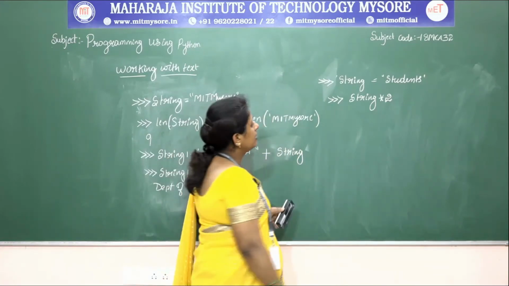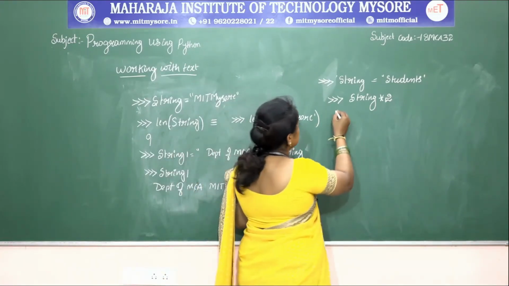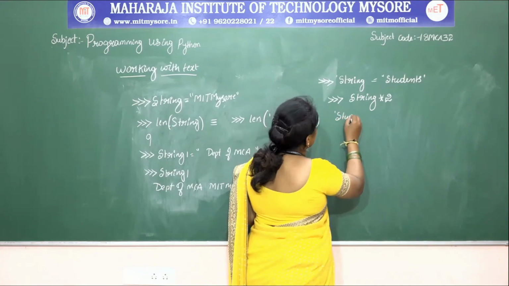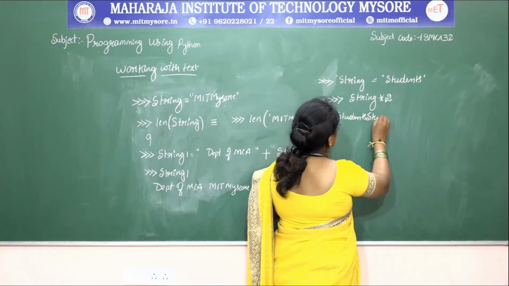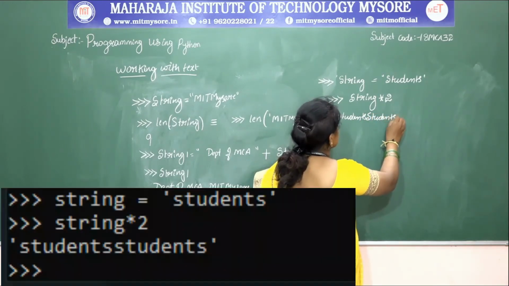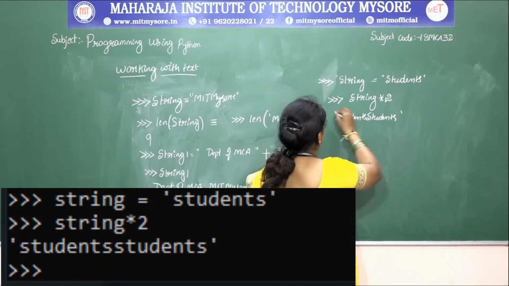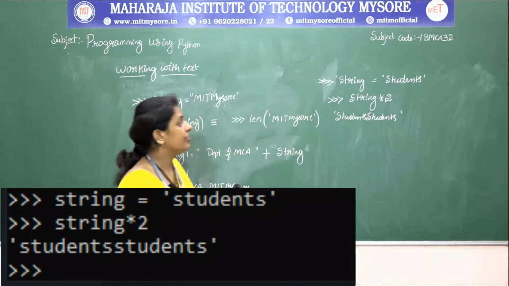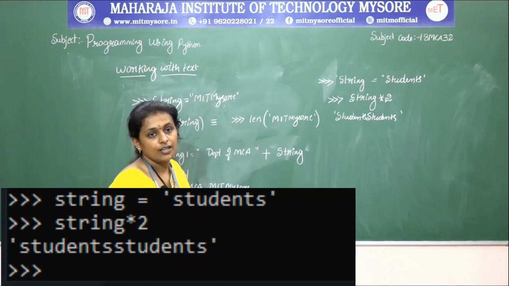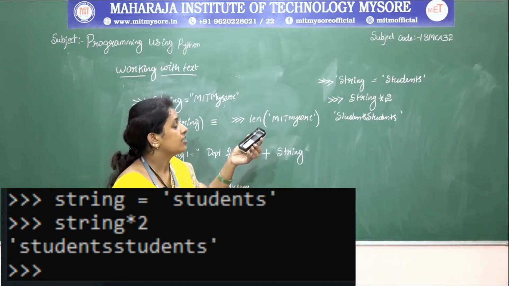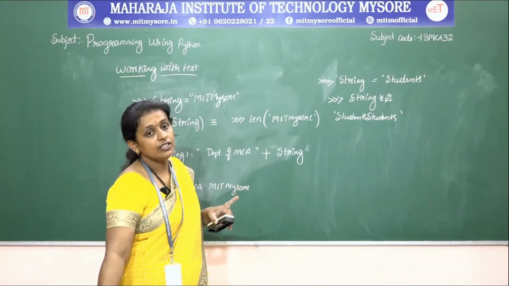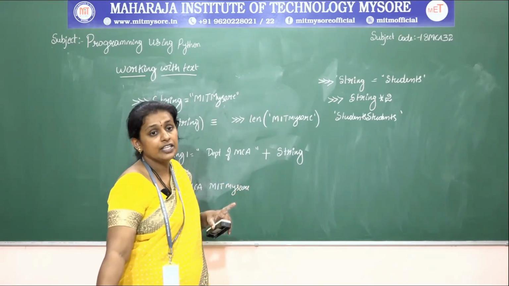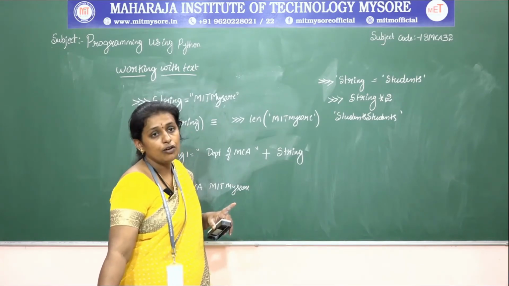Then I will get the output as "students" repeated twice. This is the output when we go with multiplication. It is going to multiply the string with the value 2, so the string is repeated two times.